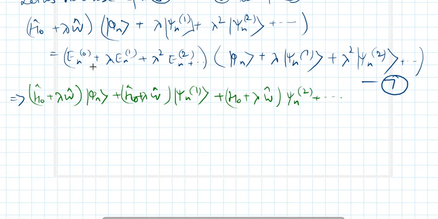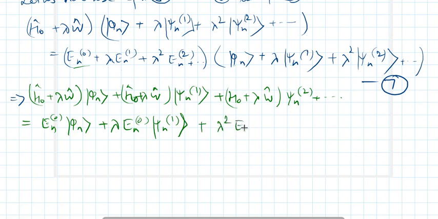Now this factor gets multiplied with all the terms, and this must be equal to En0 phi n plus lambda En0 psi n1 plus lambda square En0 psi n2 and so on.